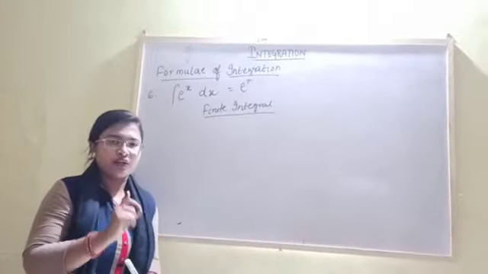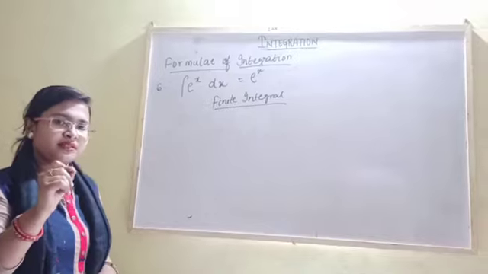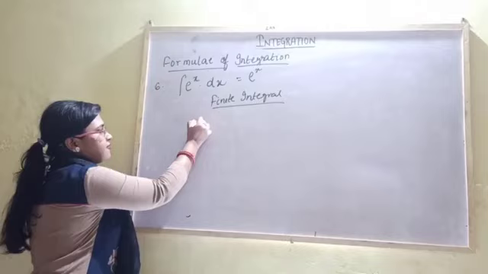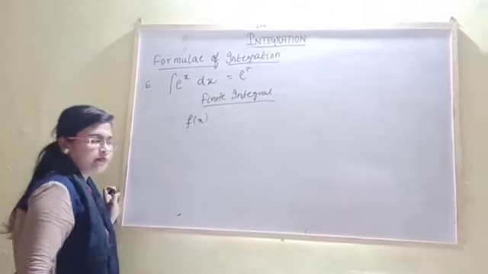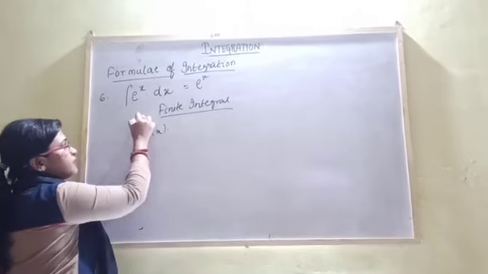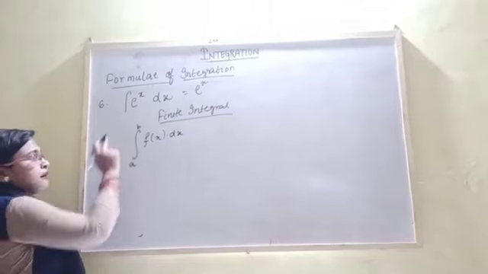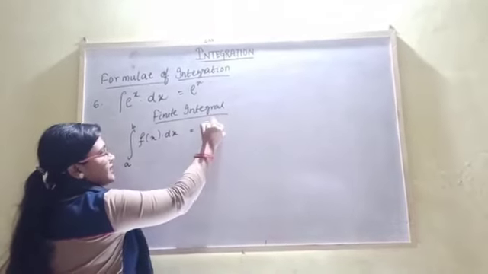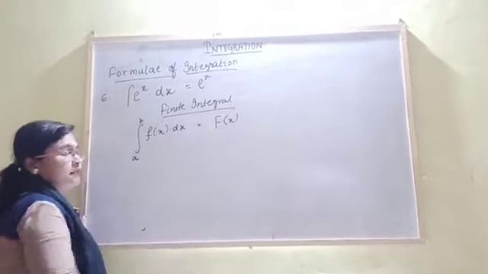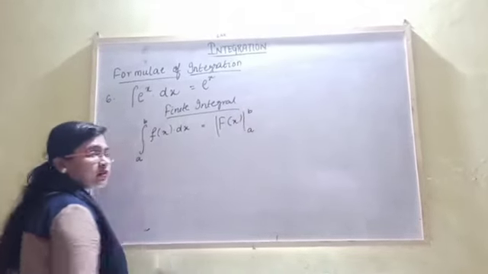Okay? Now, a new concept in integration comes, the finite integral. If a function f of x is integrated within limits from a to b with respect to dx, then we get the answer capital F of x, from a to b.